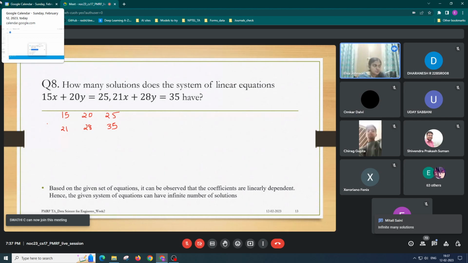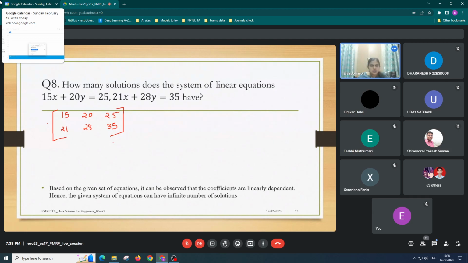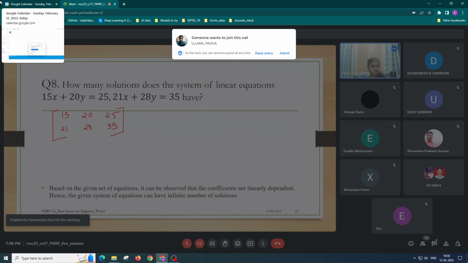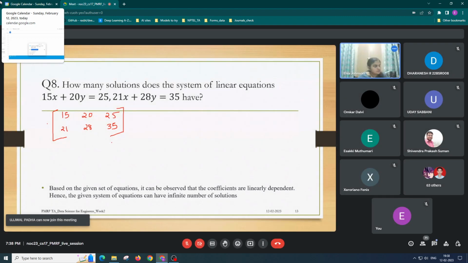Infinite number of solutions. So why can it have an infinite number of solutions? I've written the answer there, but still just asking, which things are linearly dependent? Can you tell the relation? Can you simplify this?